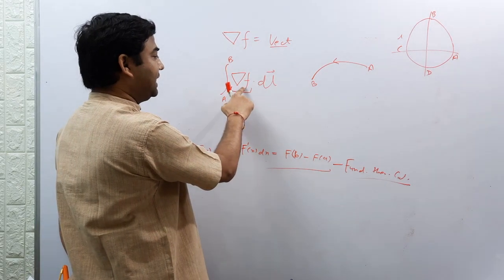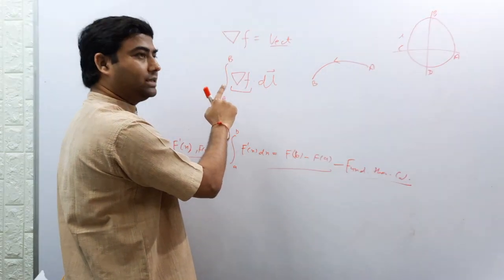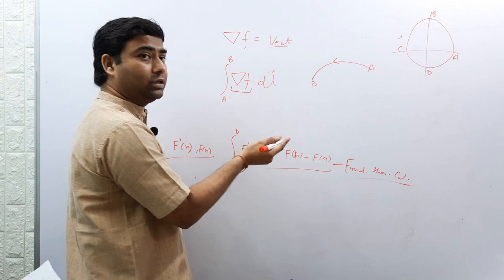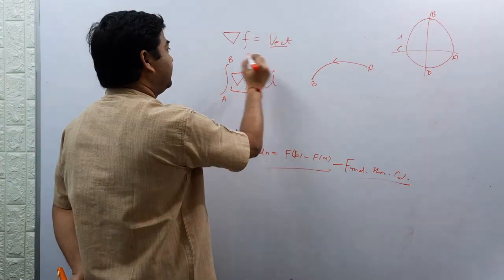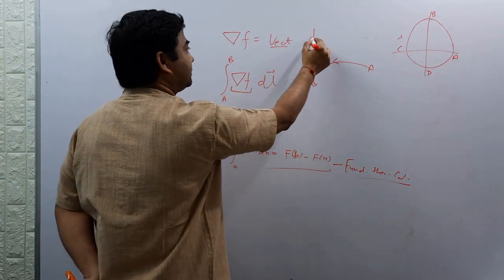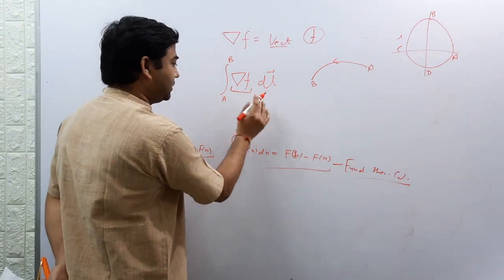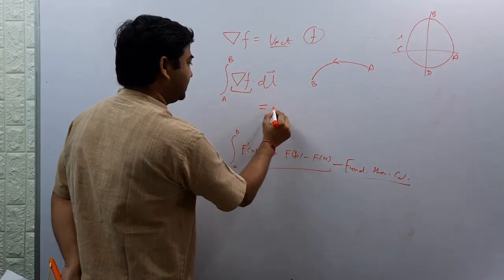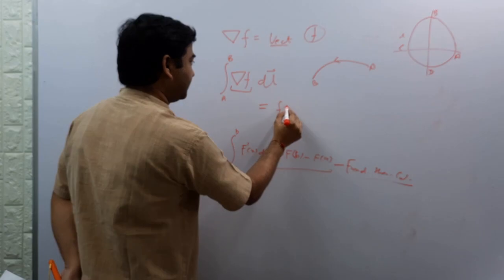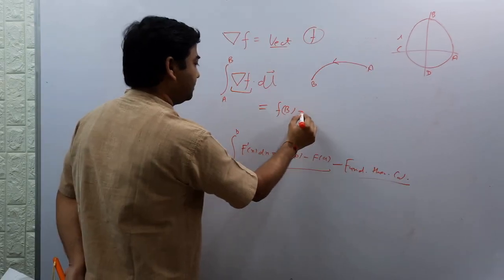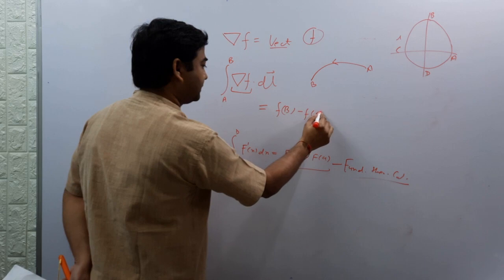Similarly here, grad f is also the derivative of the function f, that is a scalar function. So this theorem can be written as the line integral of grad f from A to B equals f(b) minus f(a).